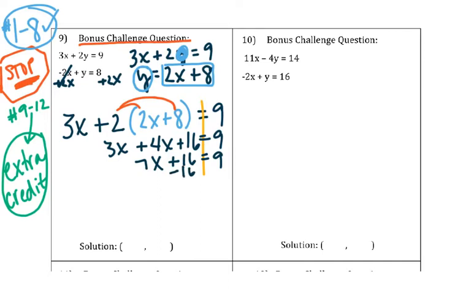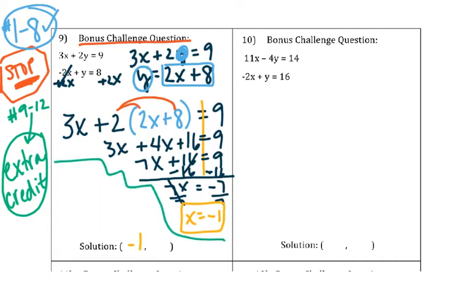We get x by itself by subtracting 16. 7x, you can use a calculator if you need it. 9 minus 16 is negative 7. To get x by itself, you divide by 7. So we end up with x equals negative 7 divided by 7, which is negative 1. So my x value is negative 1.